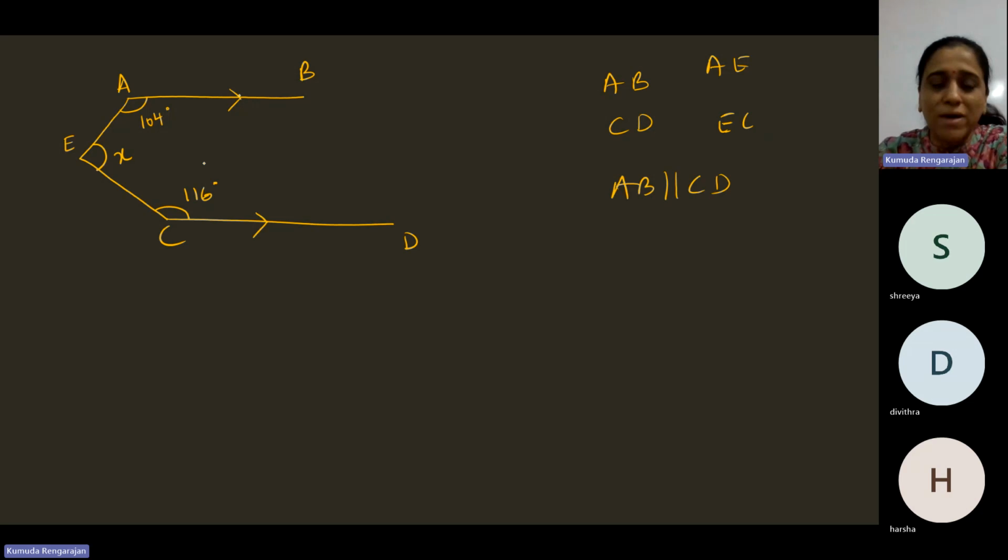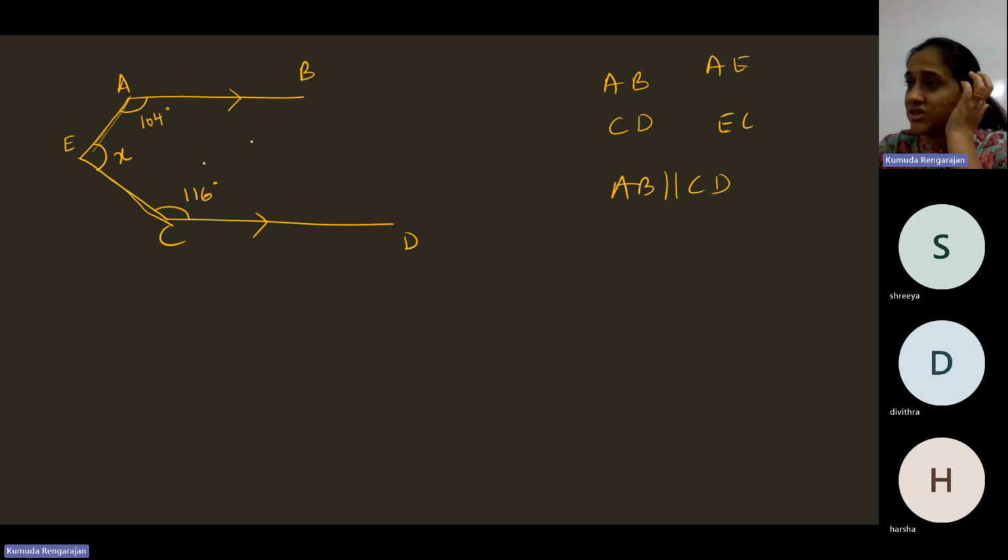So here we have two parallel lines, but we don't have a transversal, because AE is not intersecting CD. AE touches AB, but not CD. EC touches CD, but not AB.